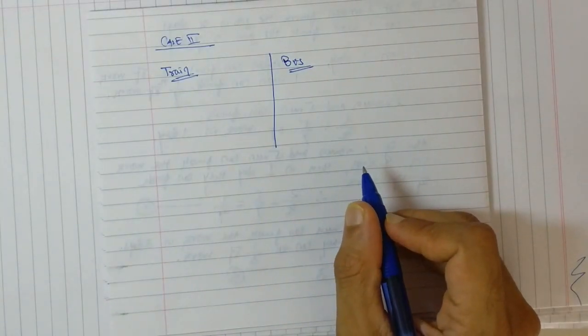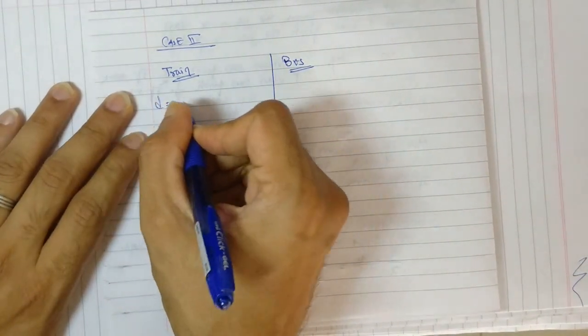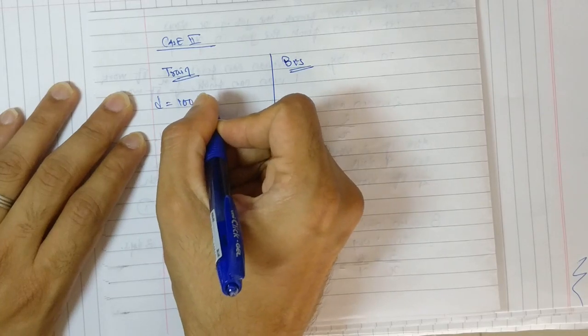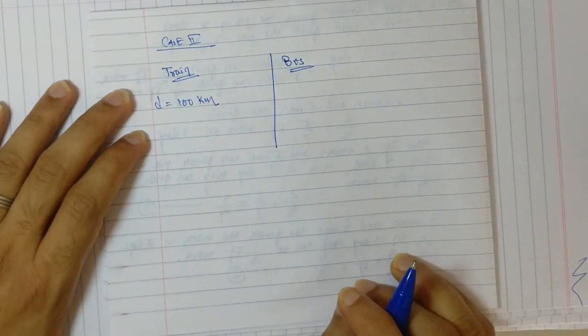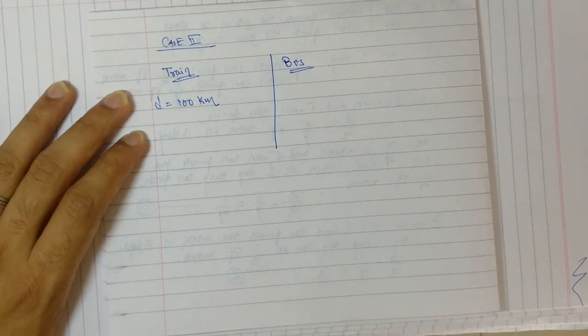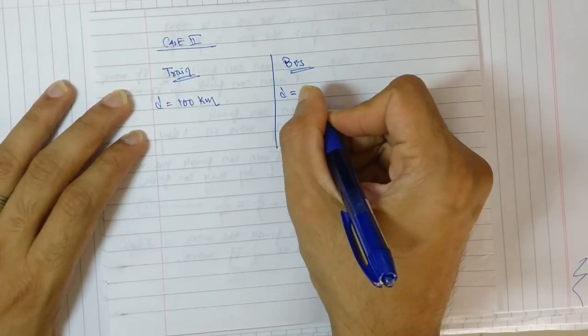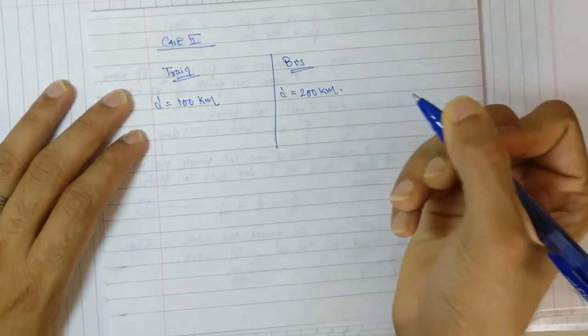In the second case, she travels 100 km by train. So the distance is 100 km. She travels the remaining by bus. So 300 minus 100 is 200 km.